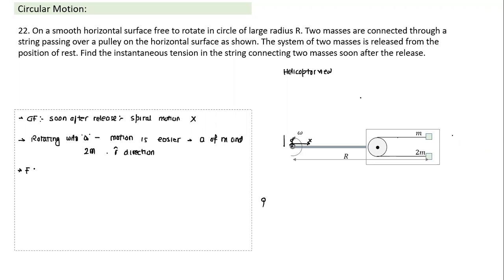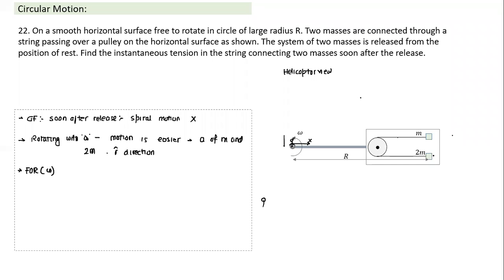My frame of reference now rotates with omega. Since I have to calculate tension, force and all, first I need to draw the free body diagram, marking all the forces. What is the condition in this frame of reference?